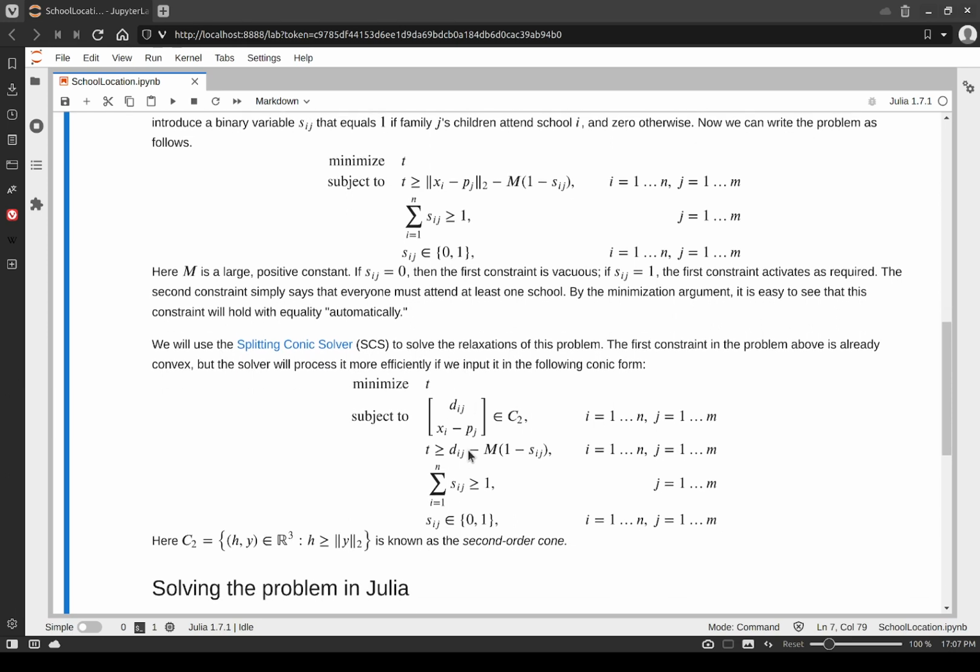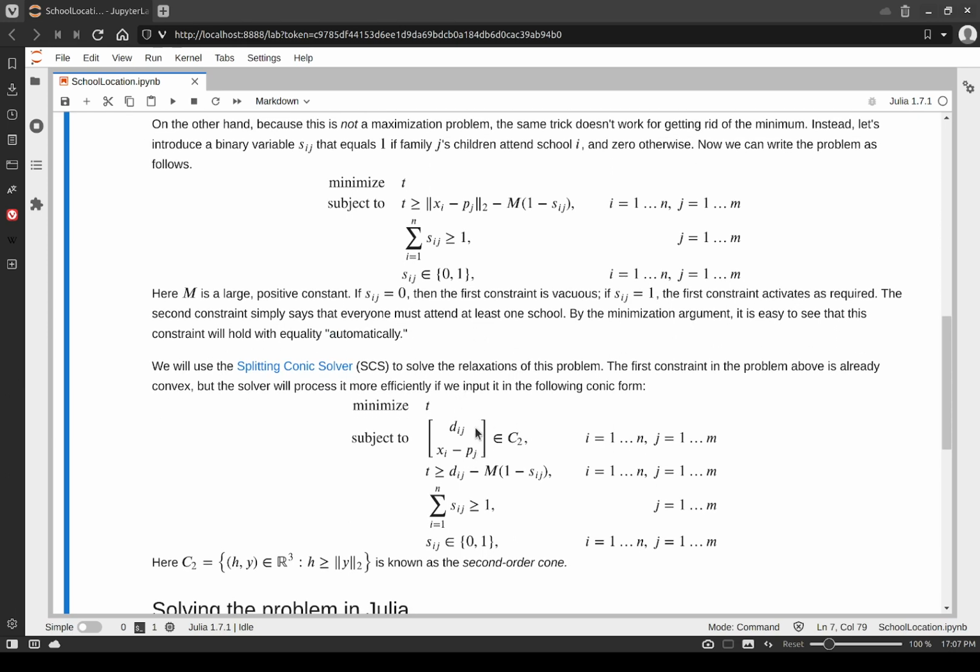So what I've done here is I've replaced this constraint. I've broken it up into two by introducing the variable dij. What this constraint right here says is that dij has to be greater than the norm of all of the other entries that appear in this vector. In that case, that's xi minus pj. And again, because this is a minimization problem, basically this means that dij is going to equal this norm.